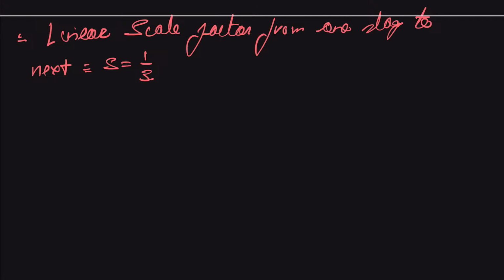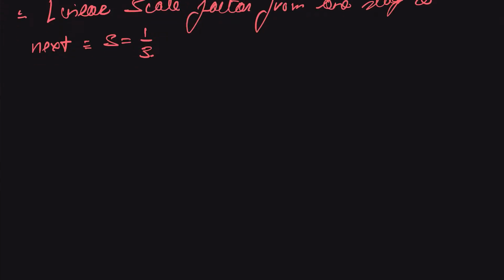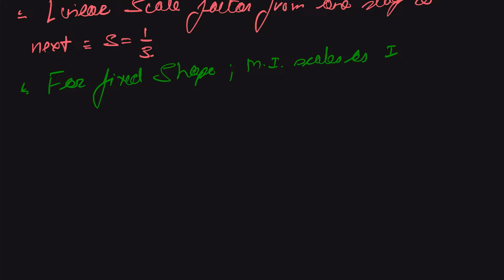It will be a square, of larger area as well as smaller area, but the basic shape is going to remain the same. So for the fixed shape, our moment of inertia scales as I is proportional to mass multiplied by length square. So this is the scaling of our moment of inertia.